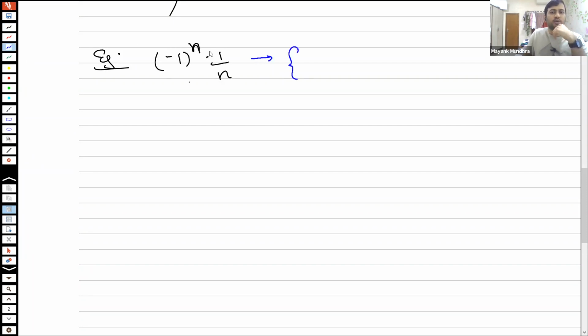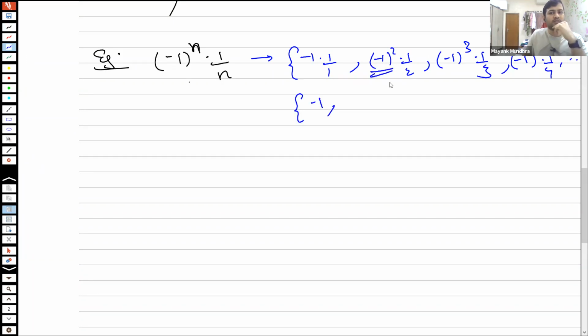So the terms are going to be, when you put n equals 1, this becomes -1 into 1 by 1. When you put n equals 2, this becomes (-1) squared into 1 by 2, (-1) cubed into 1 by 3, (-1) to the 4 into 1 by 4, and so on. So this is -1, 1 by 2, -1 by 3, 1 by 4, and so on. So this is my sequence.